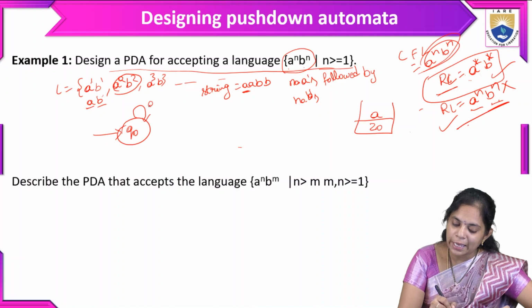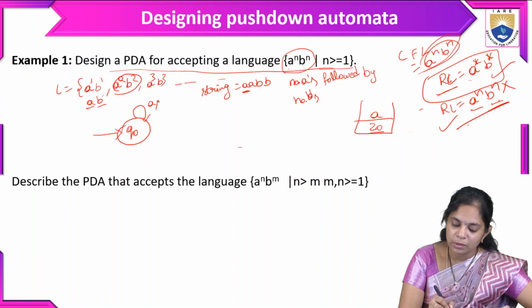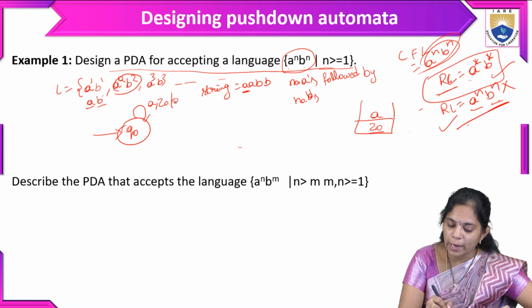While reading A, the top of the stack symbol is Z0, and this is the replacement value.